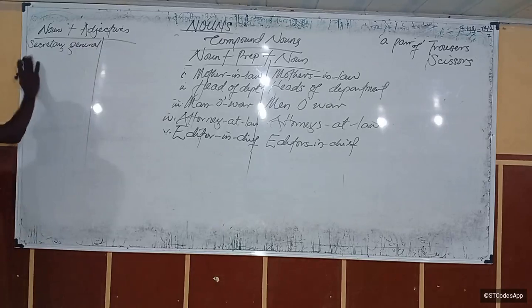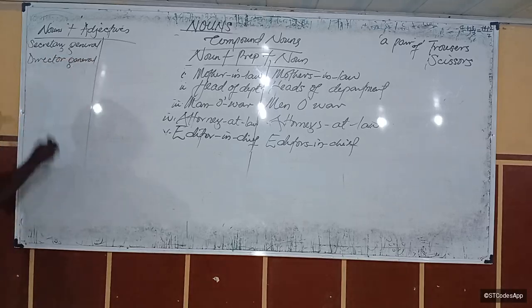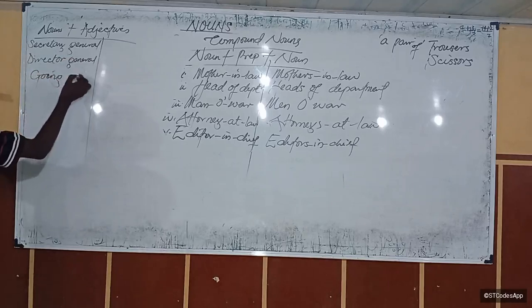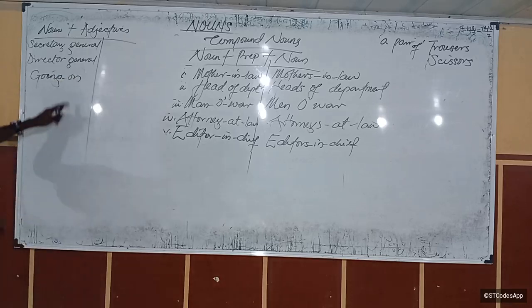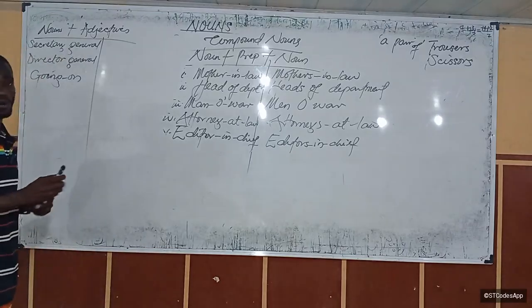We have Director General, and we have going on. All right. So look at this now. This is actually supposed to be noun plus preposition, because on is a preposition. Okay. So we have Secretary General. What will be the plural of Secretary General?